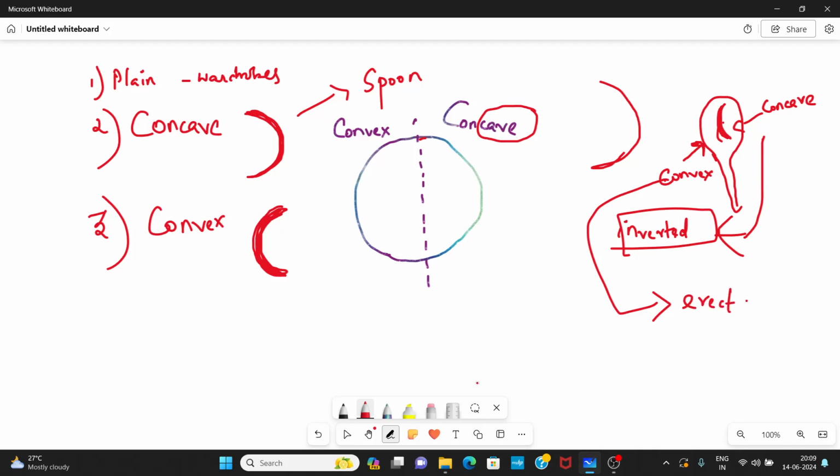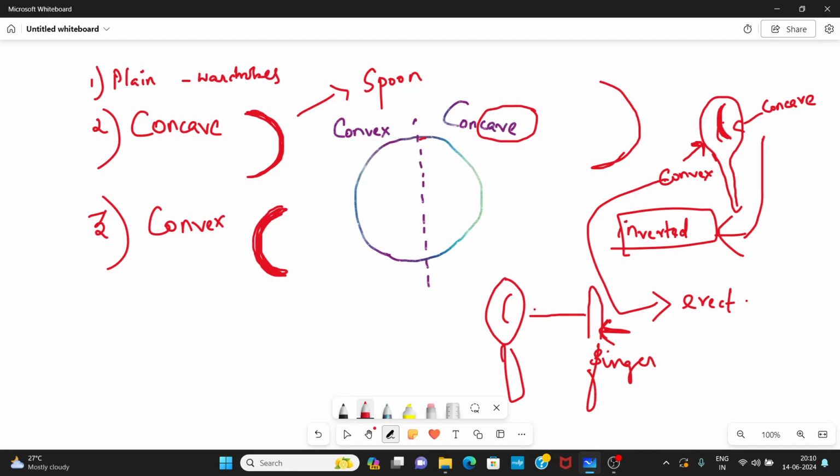Now bring the concave part nearby. Instead of seeing your face, just hold your finger in front of the concave part of your spoon at a distance. Until a particular distance, your finger will appear inverted.